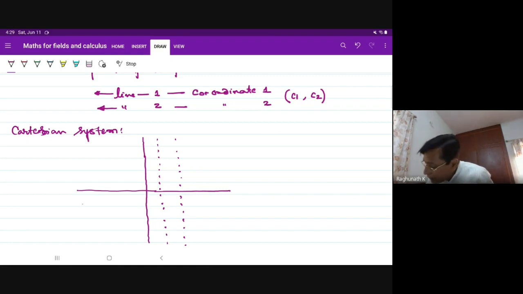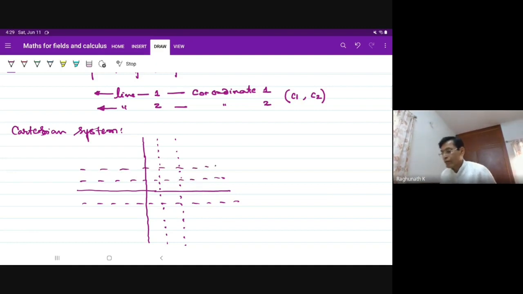And there are infinitely many horizontal lines in this system to talk about another coordinate. But what we do in this coordinate system is, I want to talk about the coordinates of this point. Then I will draw a line parallel to the first reference line, vertical line. This is parallel to this line.